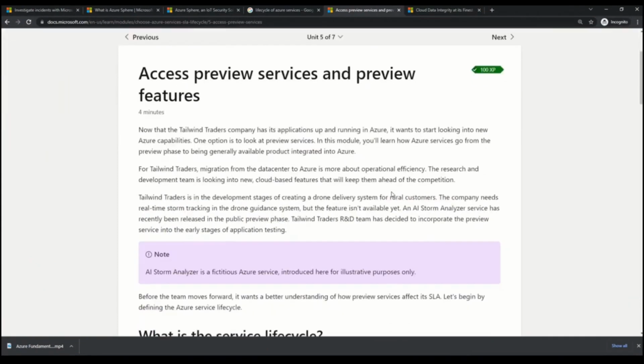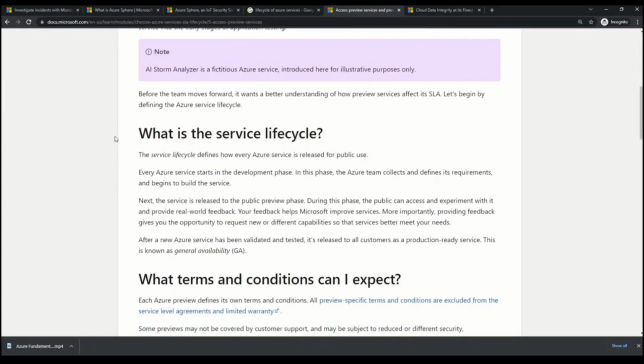service. If you scroll down a little, here you can read more about the service lifecycle. And it clearly says that every Azure service starts in a development phase. In this phase, the Azure team collects and defines its requirements and begins to build the service. Once this development is done, the service is released to the public preview phase.